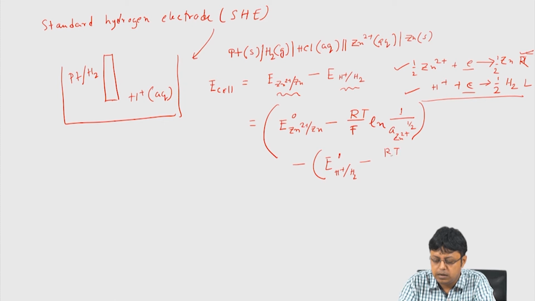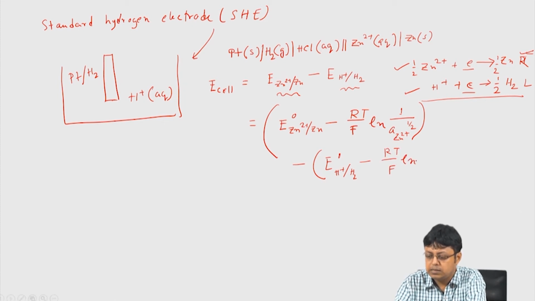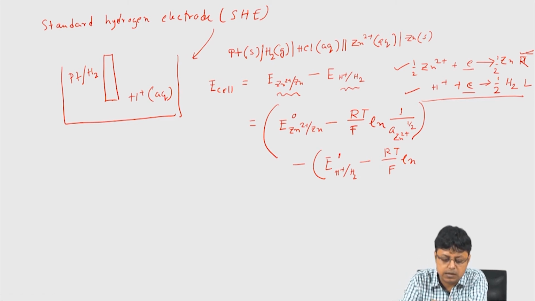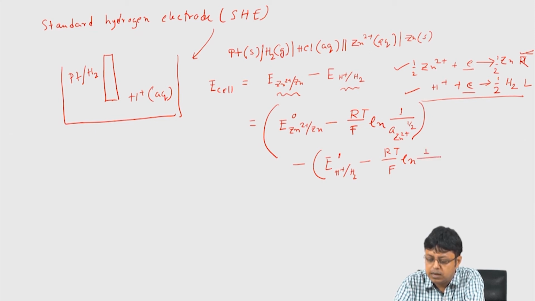It will be R T by F ln of the activity of H 2, but H 2 we have taken for this electrode as 1 bar, so we can write that also as 1 because it is already in pure state, divided by the activity of H plus.